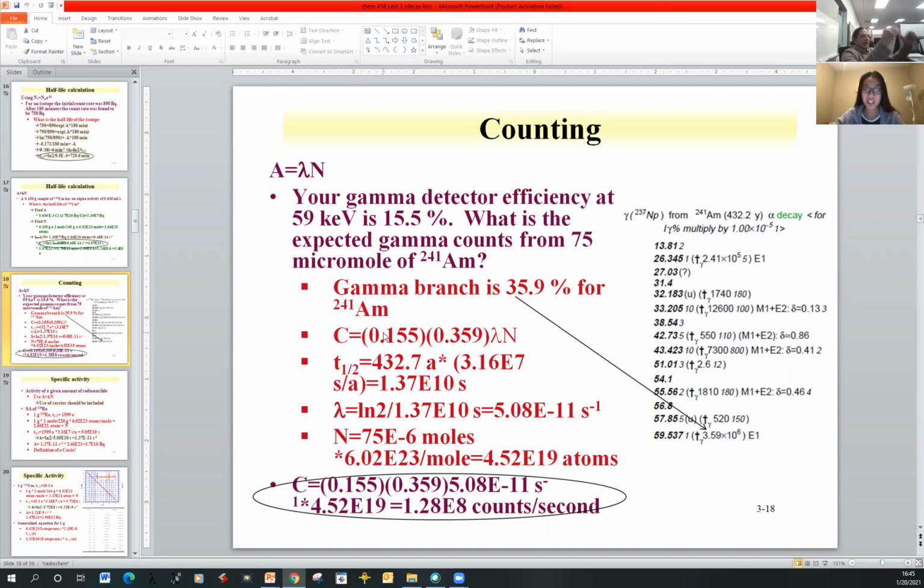If I give you something in moles, you can calculate the number of atoms. The activity is equal to lambda N. That's the number of decays per second. Of those decays, 35.9% result in a photon, and only 15.5% of those photons are seen. So that's where those numbers come from.